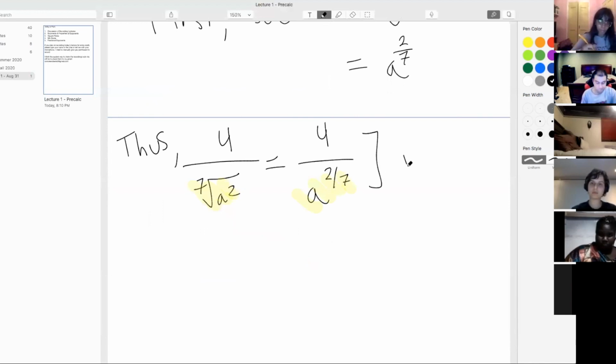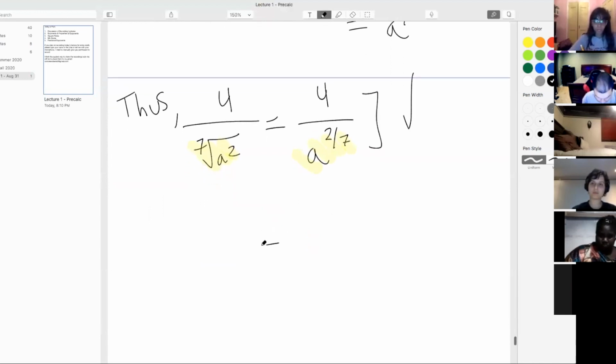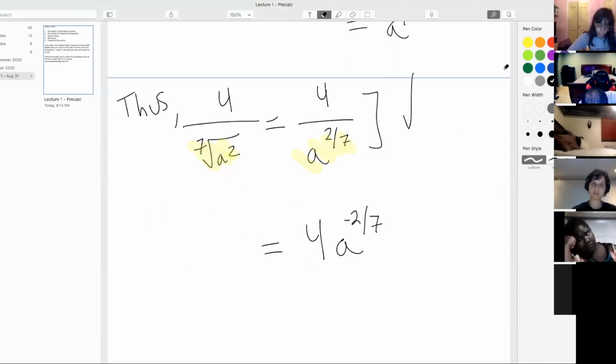Alternatively, you can bring that into the numerator and write it as 4 times a to the negative 2 over 7. Remember, anytime you move something from the top to the bottom or from the bottom to the top, the exponent will negate: it will turn from positive to negative or from negative to positive, depending on its sign.